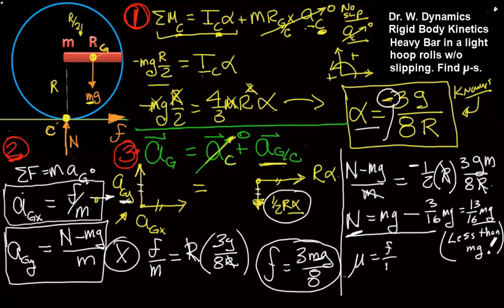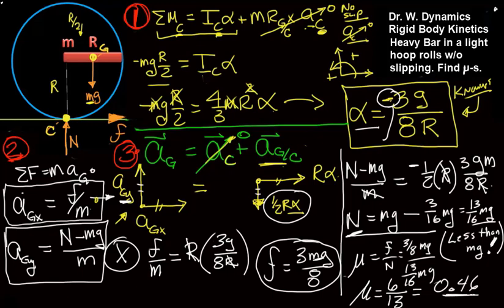So mu will be F over N, which will be 3/8 of mg over 13/16 of mg. And we'll finally get a mu value of 6/13 when we evaluate that, which is about 0.46 for that configuration.